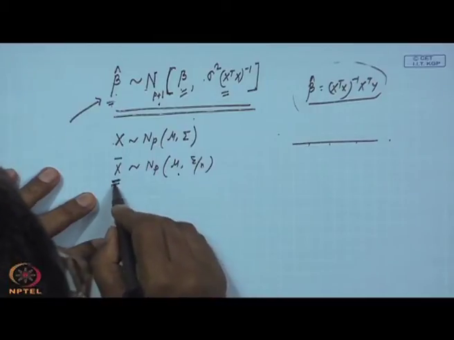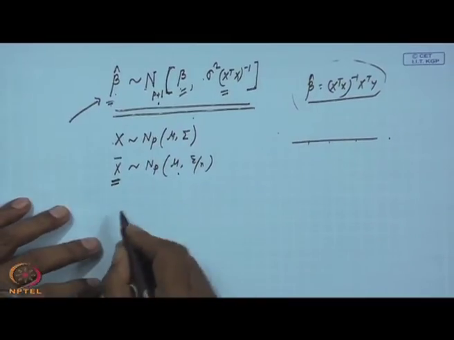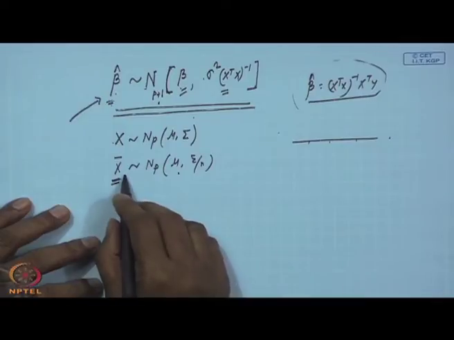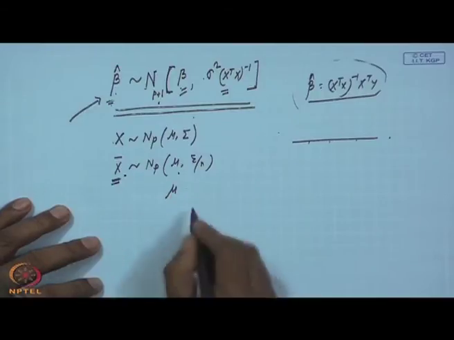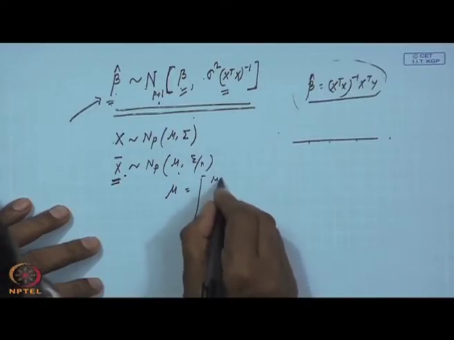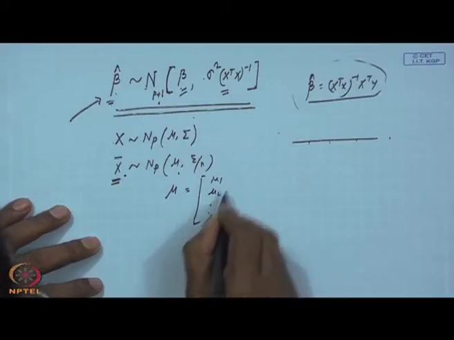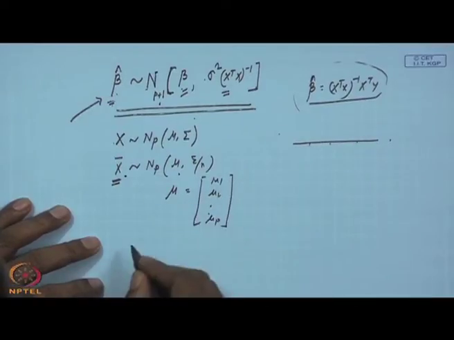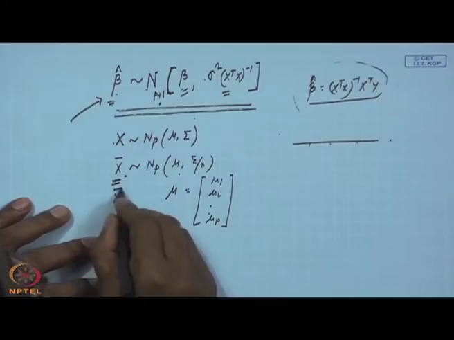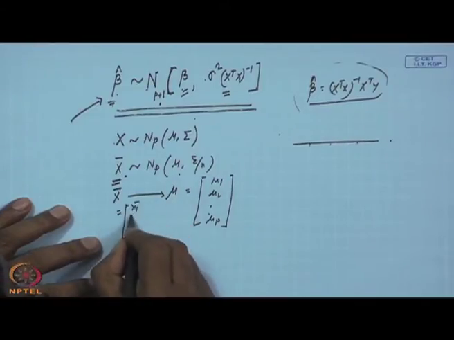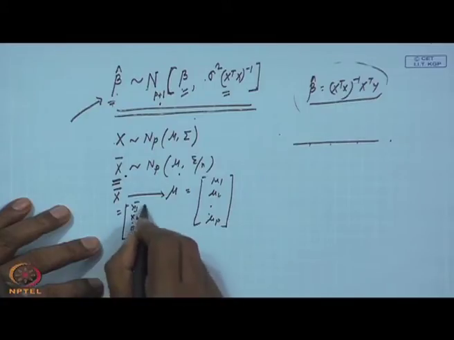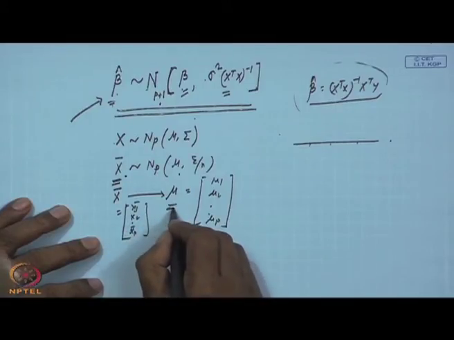Now, we have also described what the confidence region is. Can you remember the confidence region for mu, where mu equals mu 1, mu 2 to mu p, that we discussed earlier? With the help of x bar, where x bar is x 1 bar, x 2 bar, to x p bar, we found this confidence region of mu.